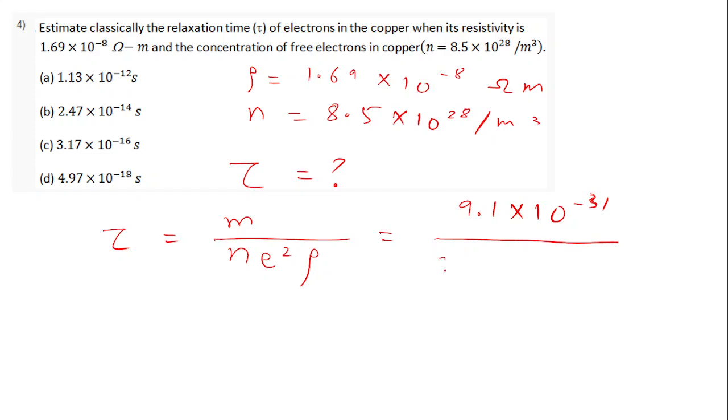Divided by number density 8.5 times 10 to the power 28, and everything is in SI units, so it's okay. Charge of electron 1.6 times 10 to the power minus 19, and resistivity is 1.69 times 10 to the power minus 8.